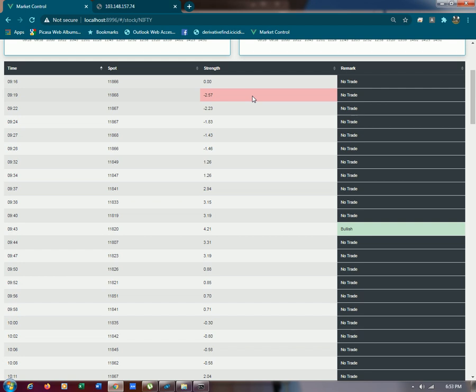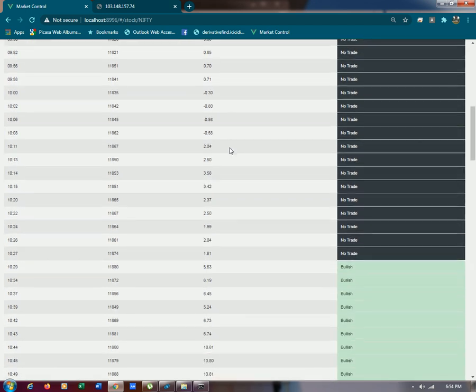So you have to understand that selling has stopped in the market, and so you have to go for long positions. At 9:19 am this system says that you have to enter long positions at 11,868 by keeping the day low as the stop loss, and ride the bull trend.